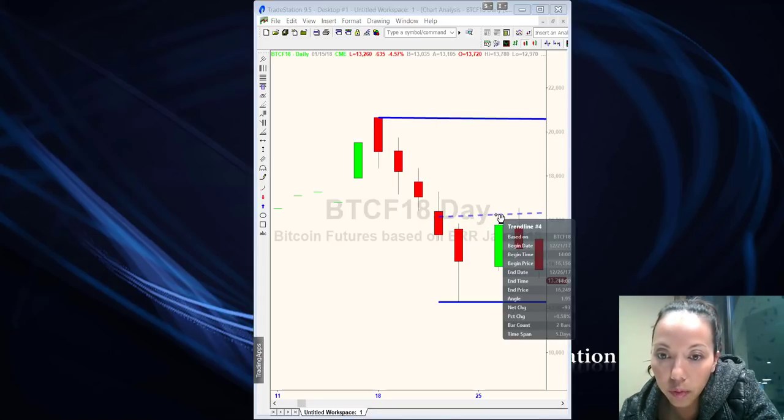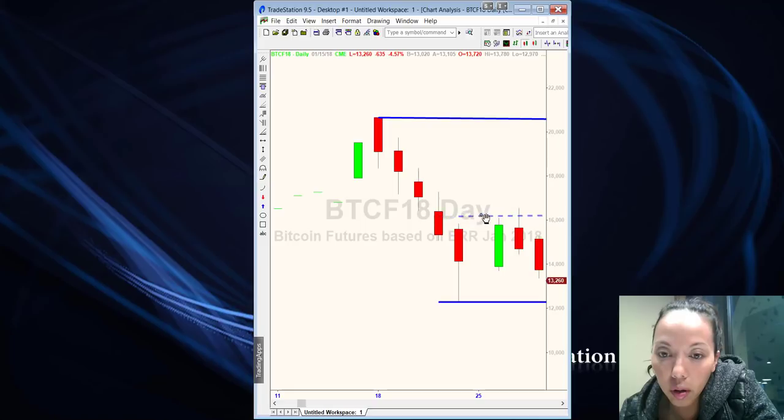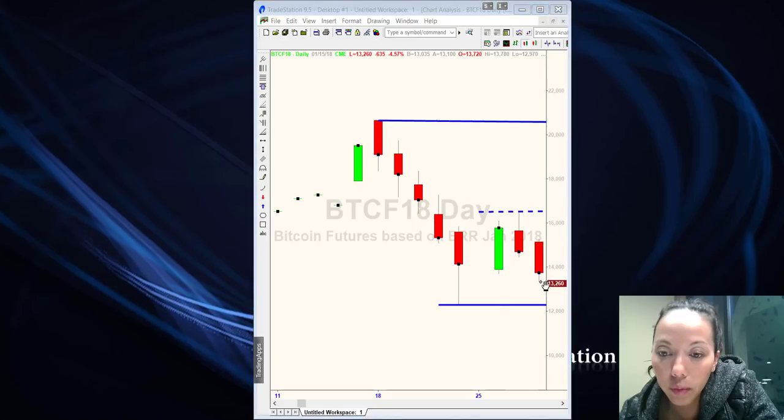So this is the last swing high here at 16,467 about, and it made a lower low. So it broke the prior day's low of 414, and it broke the low of the day before that. Now it closed here at 13,724, which is at the low of this day.